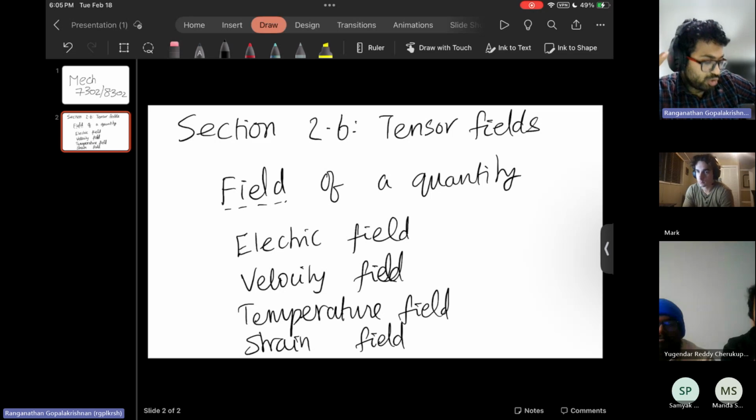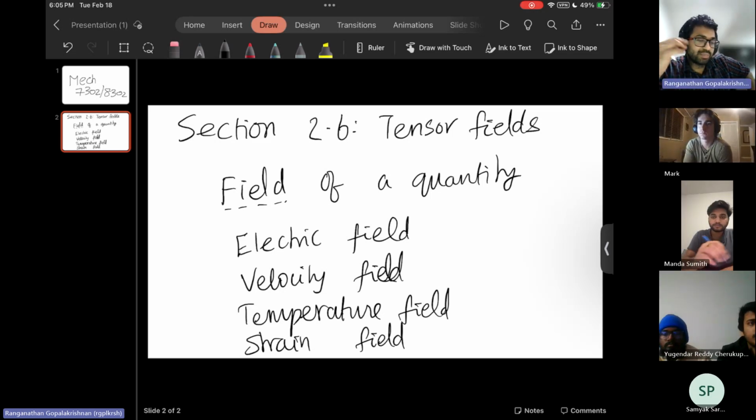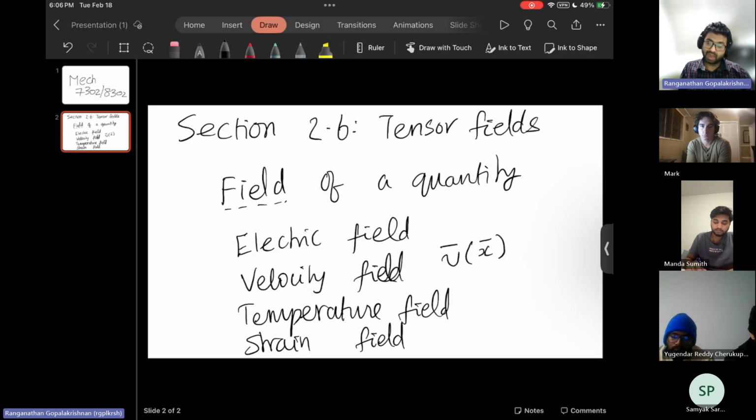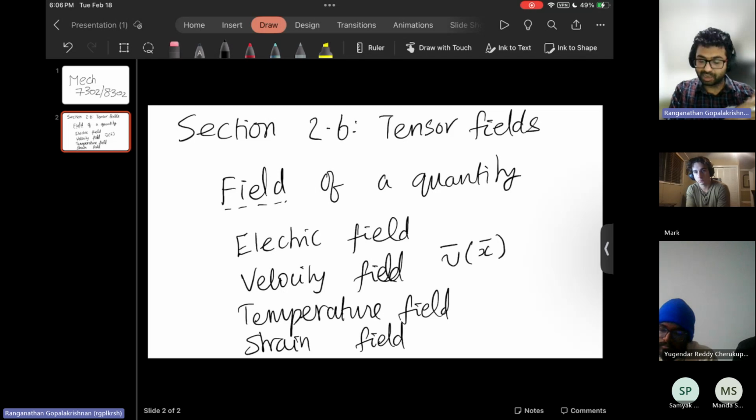And usually we denote something as a field when we assign the value of some property like temperature or velocity to a set of coordinates. For example, I can write velocity at a certain position, where x is the position vector and the velocity is the velocity at that point.